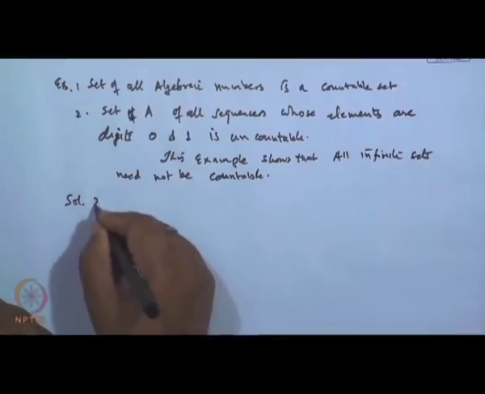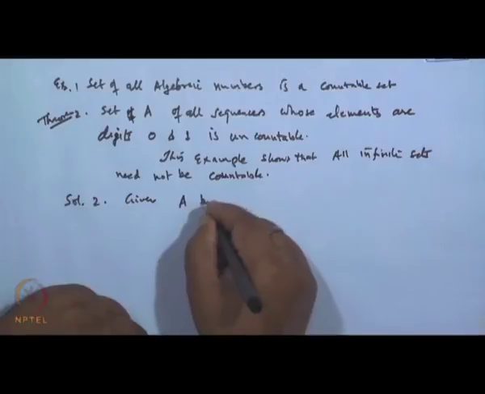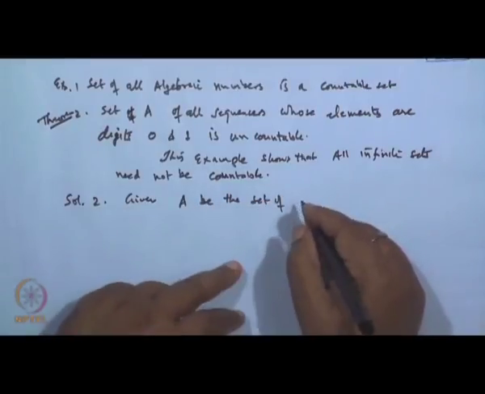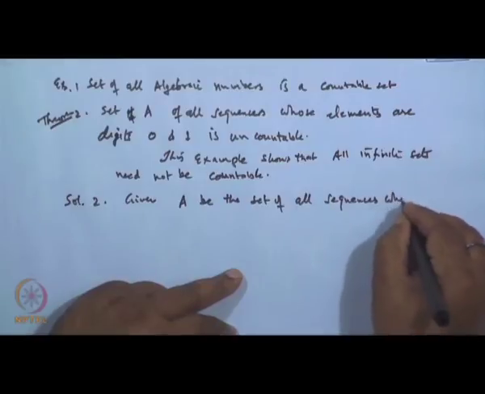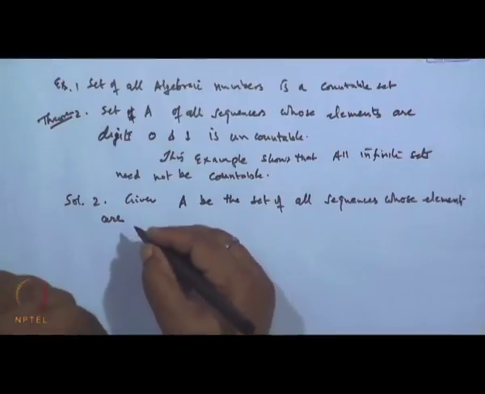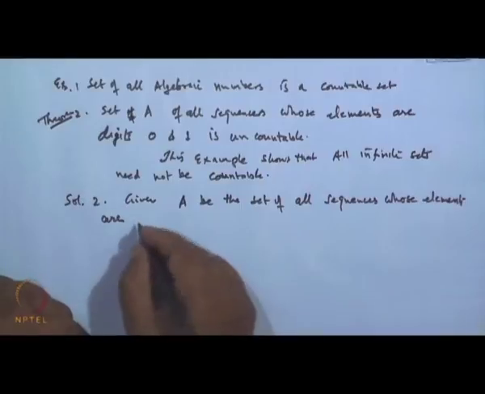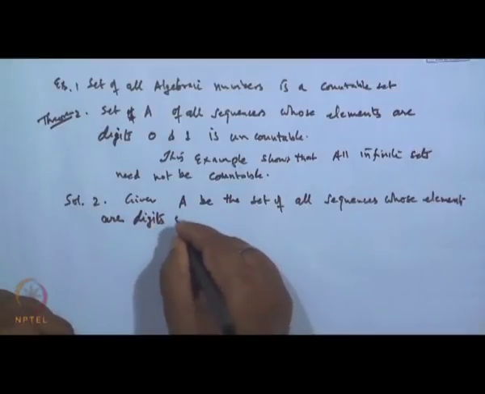Let A be the set of all sequences whose elements are digits 0 or 1.